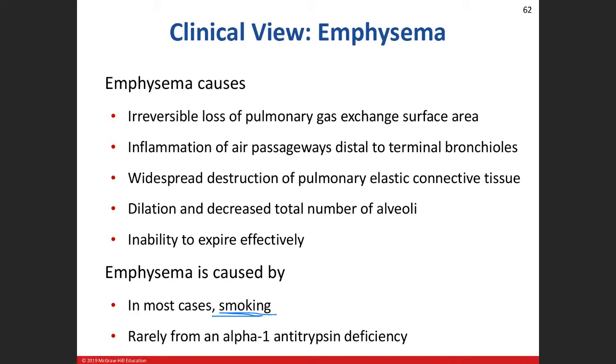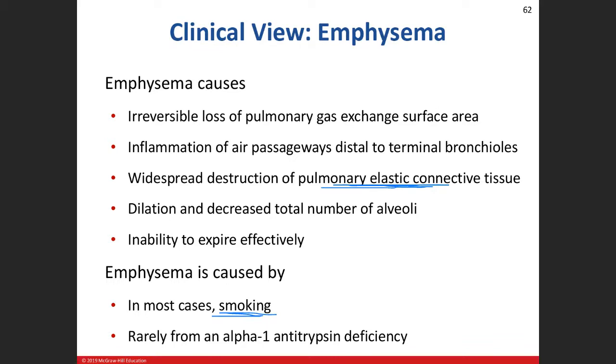All right, anyways, so emphysema. We're going to see with emphysema, one, a problem with the destruction of the elastic fibers. Remember, the elastic fibers help get those alveoli, once they're inflated, back to their original size.